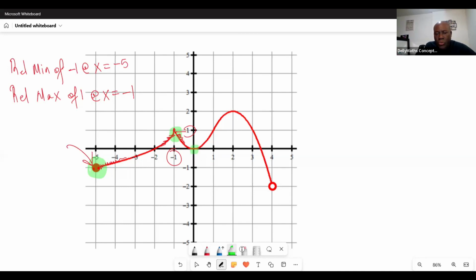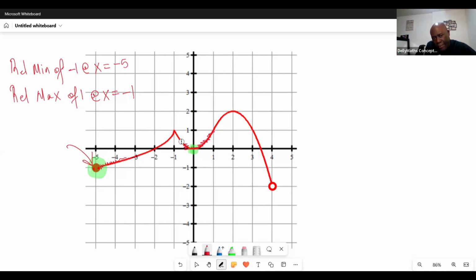As we move across right here, we're noticing that we have an interesting area as well. We're looking at a relative minimum because it's not the lowest point on our graph. So let's take a look at it. When we step to the right of it, we have values higher than that green spot.